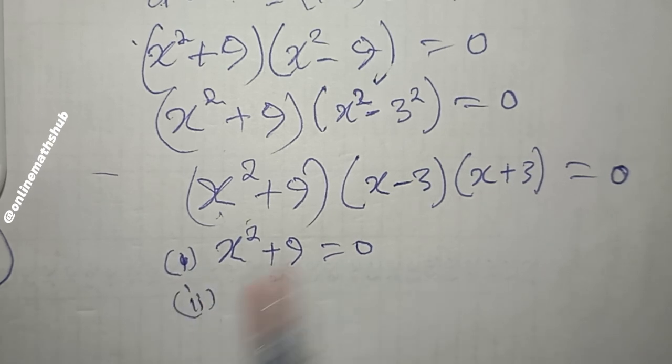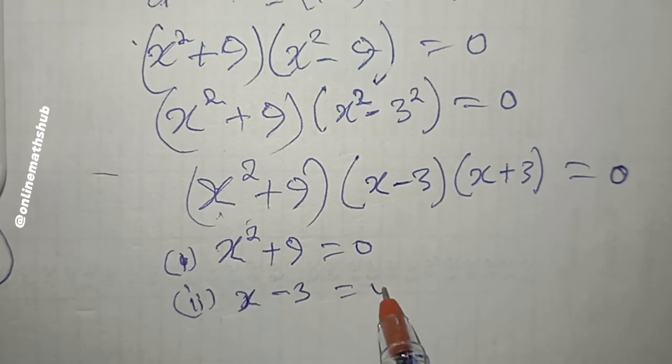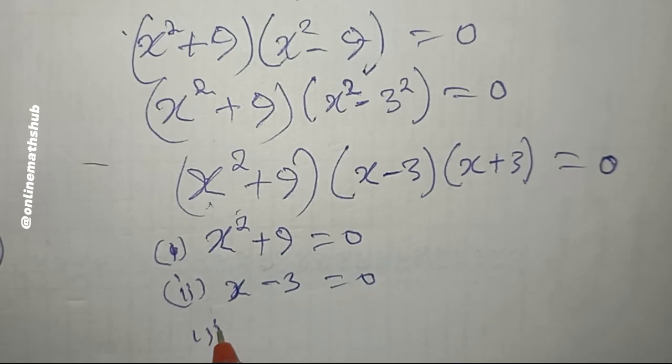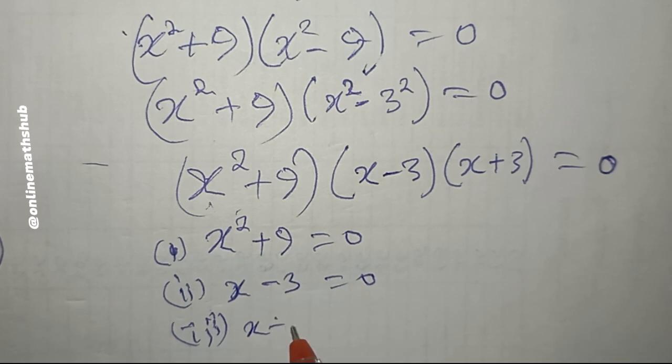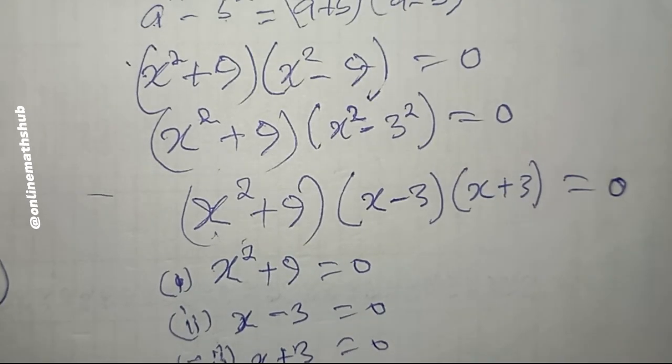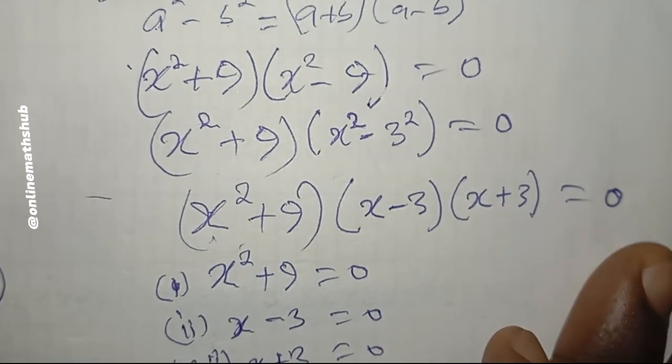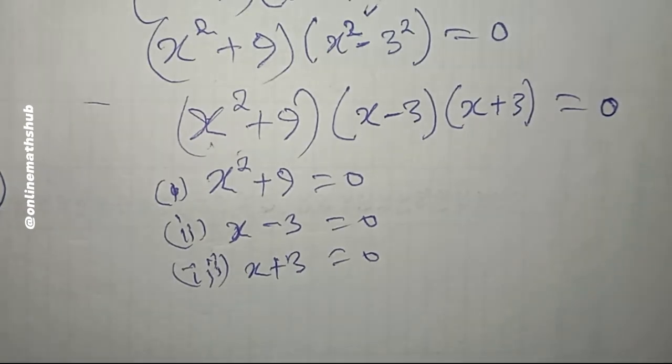The second case is x minus 3 is equal to 0, and the third case is x plus 3 is equal to 0. We are going to solve each of these cases and find out the values of x that satisfy the equation we are solving.